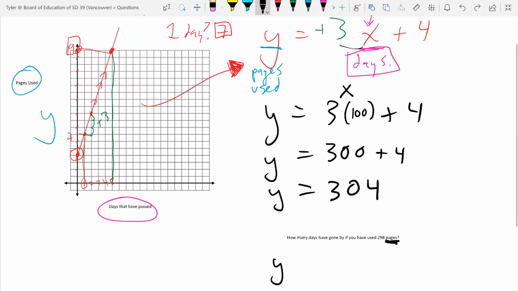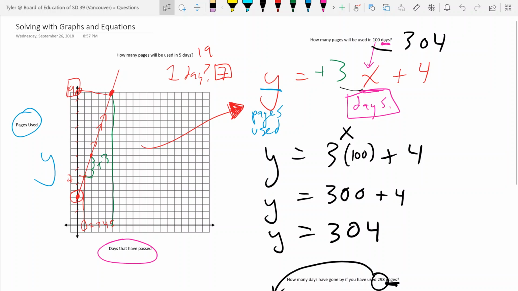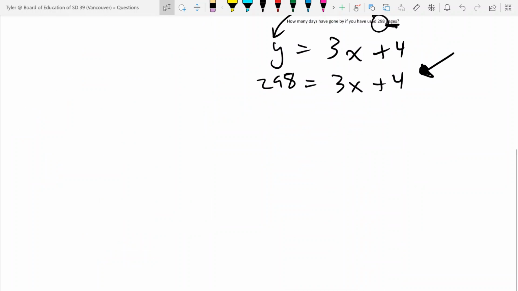Start with the equation, but in this case that 298 would replace the y because it's pages. So it'd be 298 is equal to 3x plus 4. We're going to talk more about these when we do our algebra unit and focus on that, but I'm just showing you the basics there. So with this in mind, if you're given any pattern, you should be able to predict and make guesses about future numbers. Let's do one more really quick.